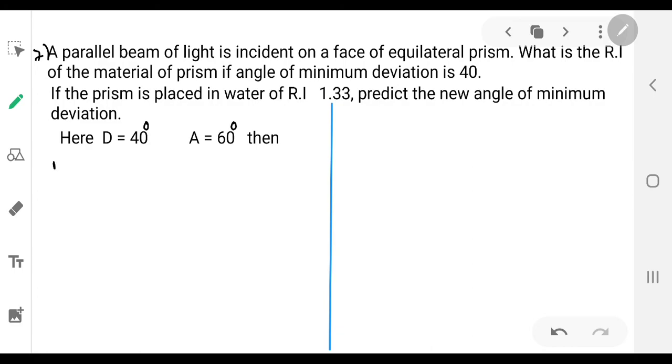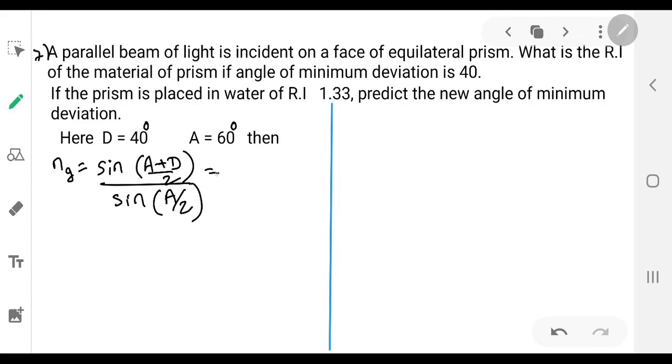So the equation: n_g is equal to sine of (A plus D) by 2 divided by sine of A by 2. Substitute the values: it is sine of (60 plus 40) by 2 divided by sine of 60 by 2.